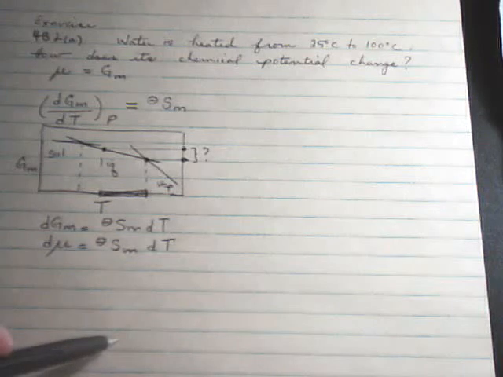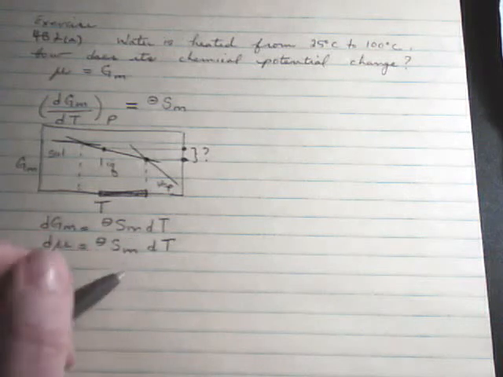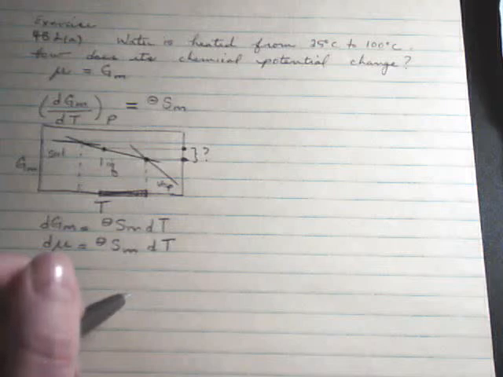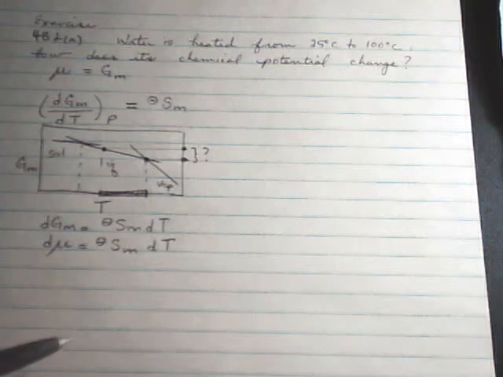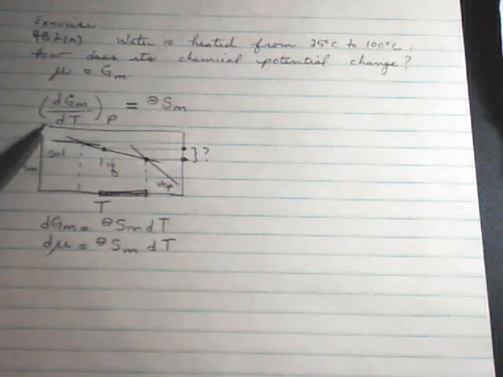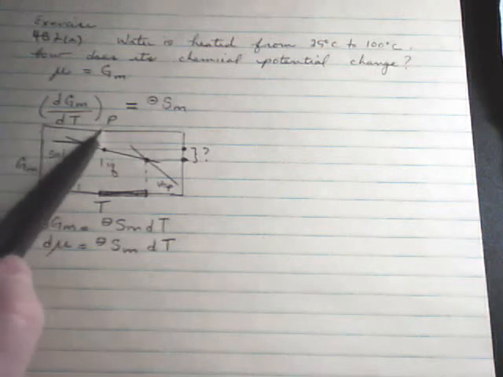And we gather the constant pressure condition because I'm just heating water from just above room temperature to boiling, and there's nothing else being said, so I'm going to assume that that's on the bench. And therefore, if it's just on the bench in the lab, it's under a constant pressure. And so, it's the change in the chemical potential versus temperature at a constant pressure.